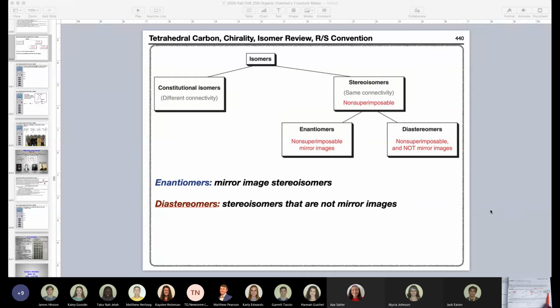Since we have the lowest priority bond projected towards us, how does that connect with your answer of R? Turns the molecule upside down from the orientation used to name it.